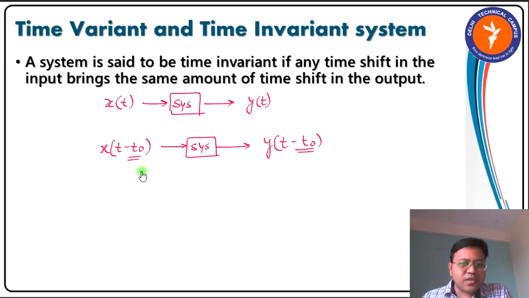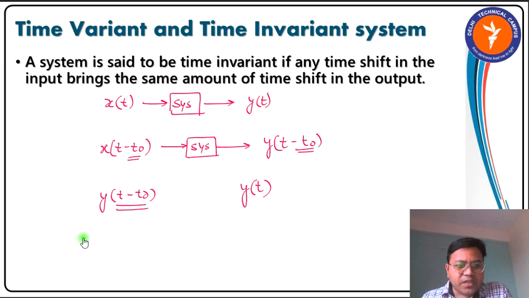So to check this, we will first find out y(t - t0), that is, from whatever output we are provided with, say y(t), we will calculate y(t - t0), and then in the same system instead of x(t) we will substitute x(t - t0).